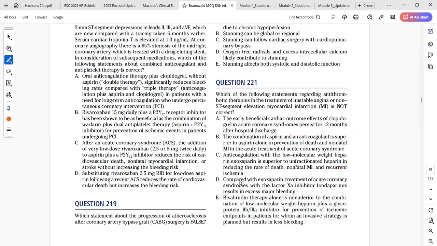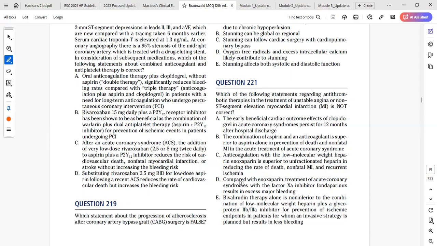So option D is false because the efficacy was not proven. Substituting rivaroxaban for aspirin was not shown to reduce the rate of cardiovascular death.